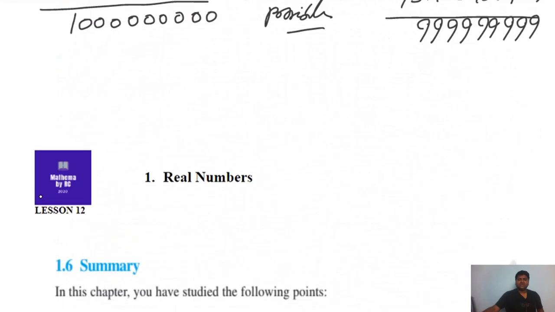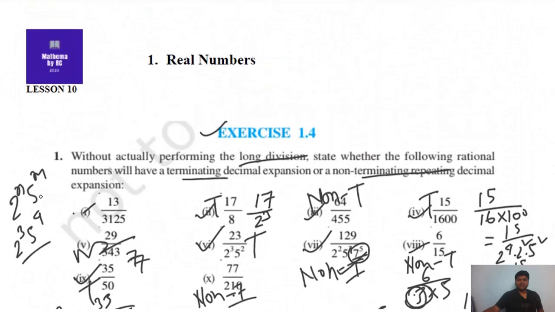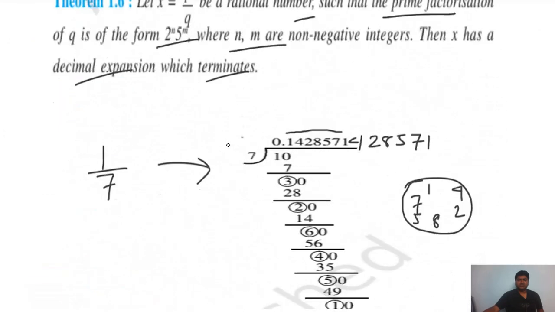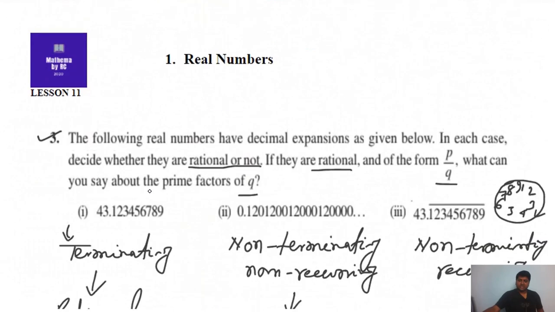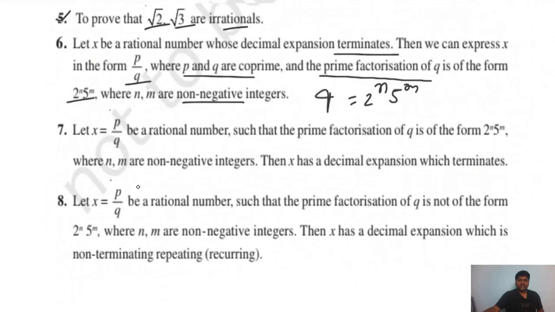Here we also discuss theorems 1.5, 1.6 and 1.7 in this class. In the next part we also discuss that when p by q is a rational number such that the prime factorization of q is in the form 2 to the power n times 5 to the power m, where m and n are non-negative, then x's decimal expansion terminates. Therefore, 6 and 7 are reverse processes. So when a rational number's decimal expansion terminates, we can represent q as 2 to the power n times 5 to the power m.